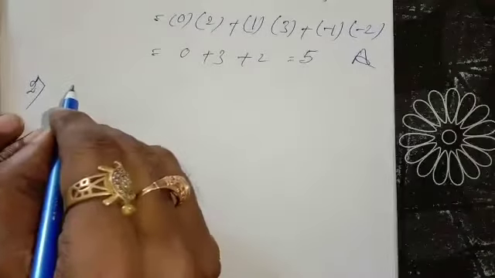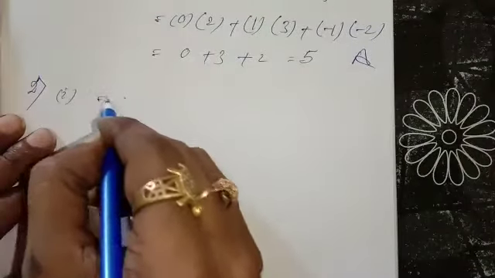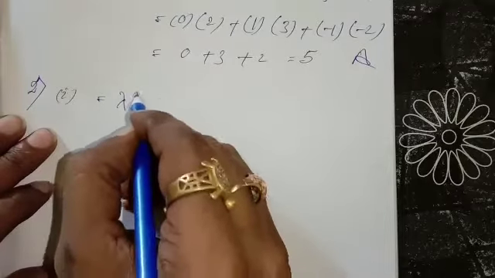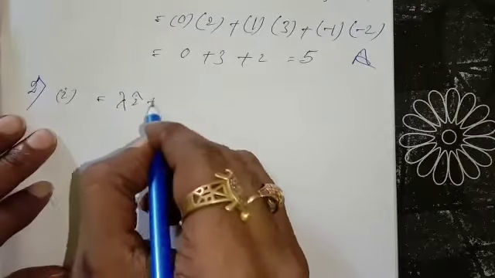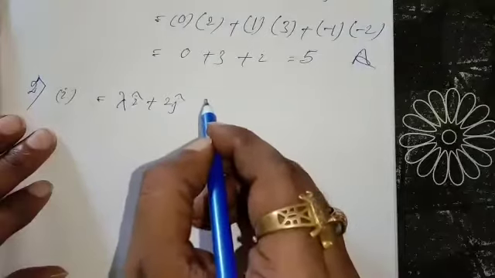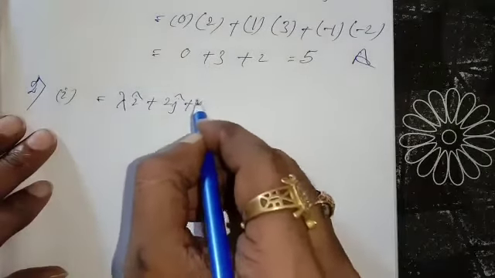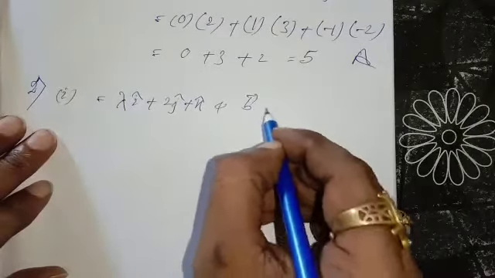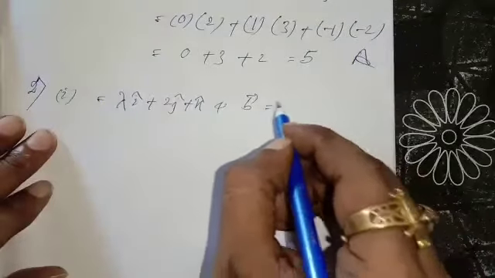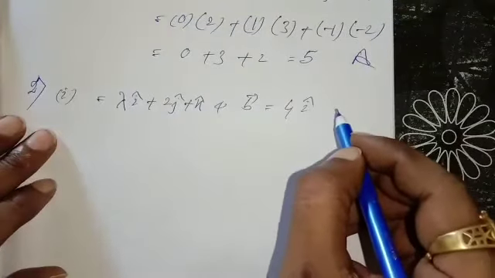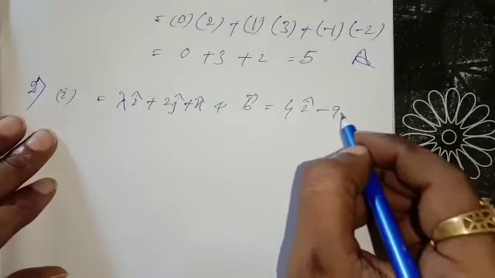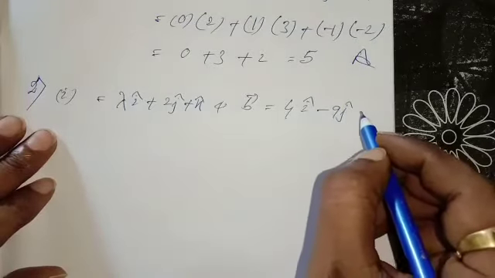In question number 2, the first part, it is given lambda i plus 2j plus k, and B vector is given as 4i minus 9j plus 2k.